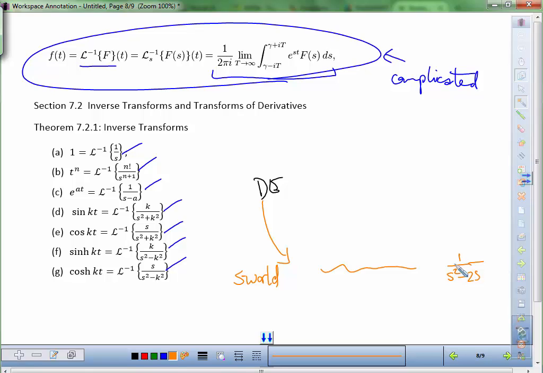Now, if I take this, I want to pull it back into the T world. I look at this expression, this function, and I don't see it anywhere here.